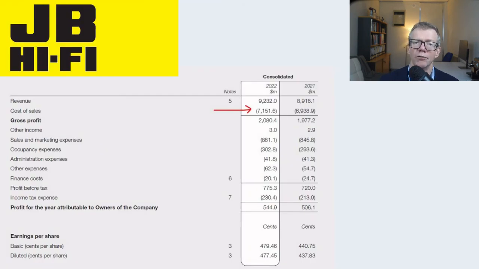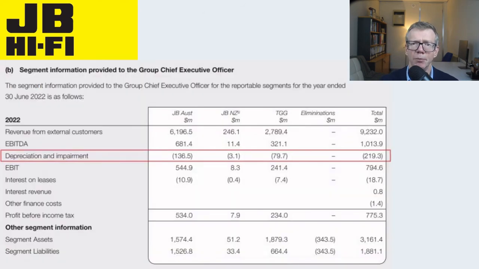JB Hi-Fi, for example, actually includes depreciation in its cost of sales. So we can see in the 2022 income statement, we've got cost of sales of just over $7 billion. Then we can see the depreciation and amortisation information in a number of places. The first place we see it is in the note to the financial statement that talks about segment results.